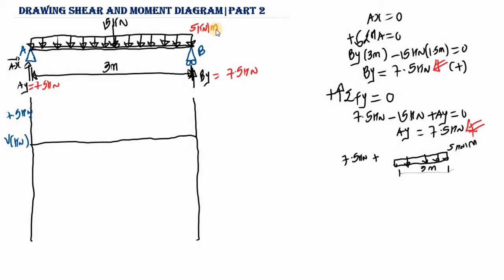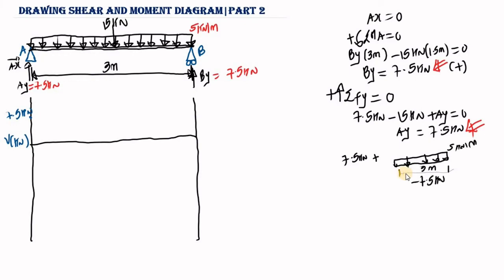Because this is acting downward, it is going to be a negative value. So it's 7.5 kilonewton minus 15 kilonewton, which gives us negative 7.5 kilonewton.